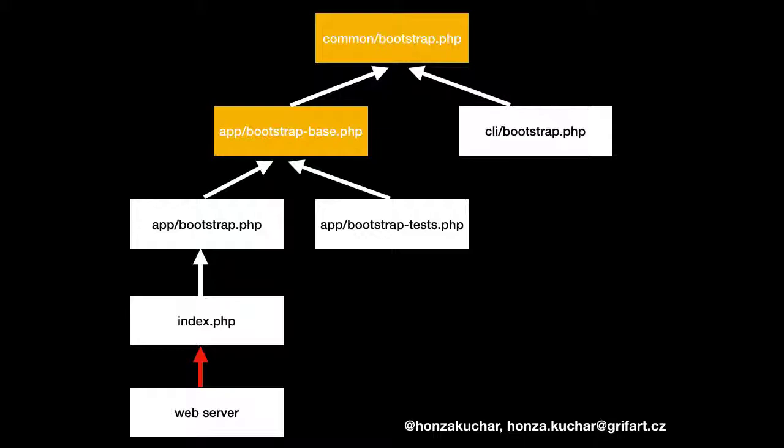Interesting thing is that these reusable bootstraps do not return the container itself, but return the configurator. So you can mess more with the configuration in those more concrete bootstraps. So we end up with approximately 42 bootstraps.